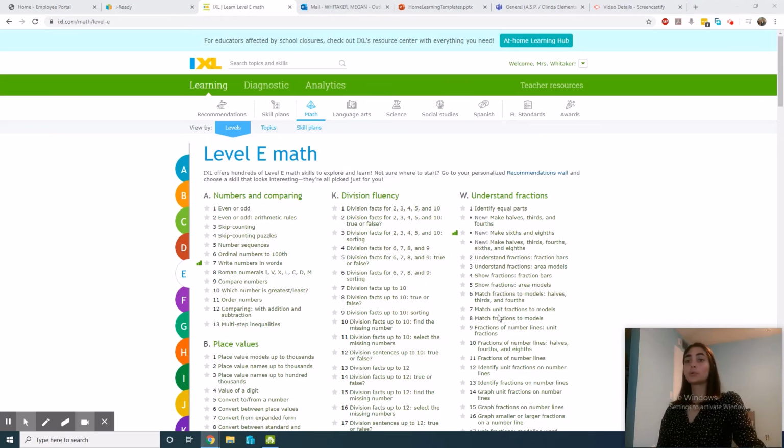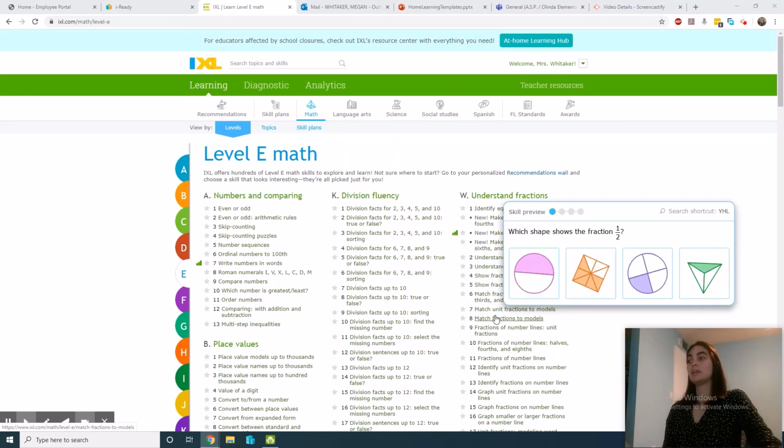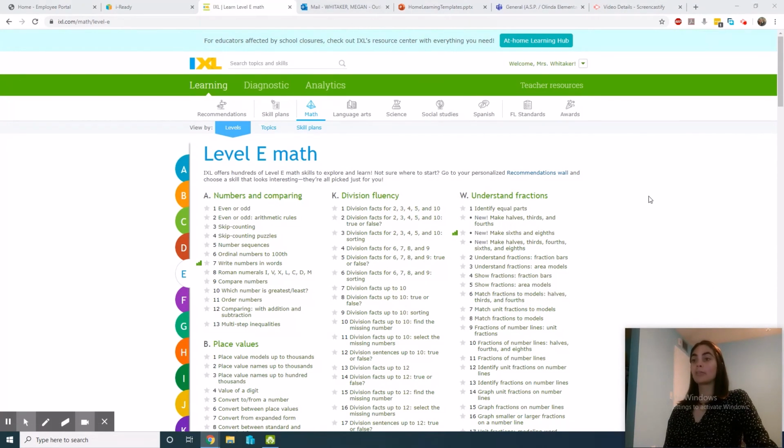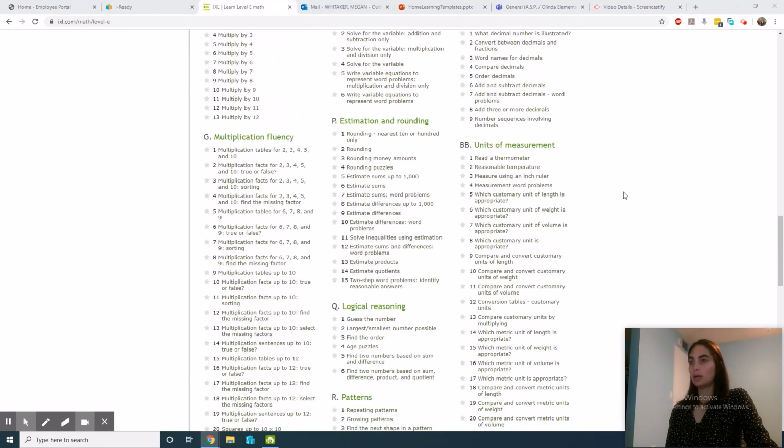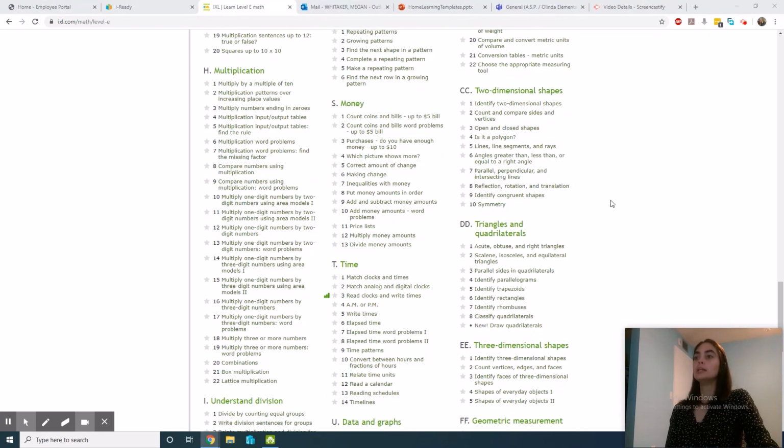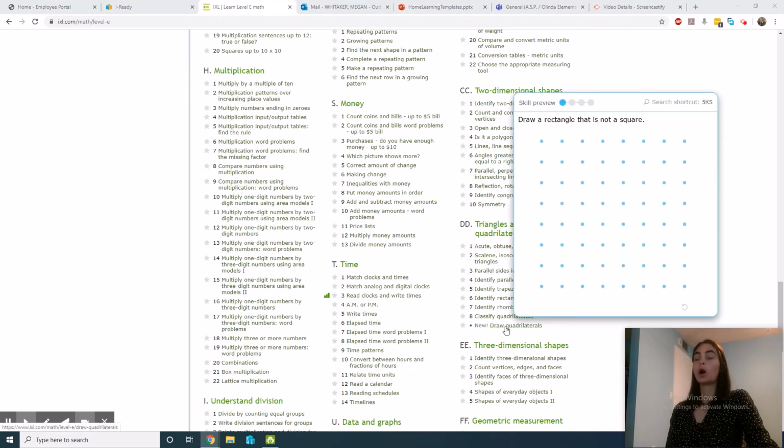All right, so now we're going to go through our iReady that has that same lesson in math. So we're going to go to level E math, and we're going to scroll down until you get to D, triangles and quadrilaterals. So we're going to go here to the bottom one that says draw quadrilaterals.